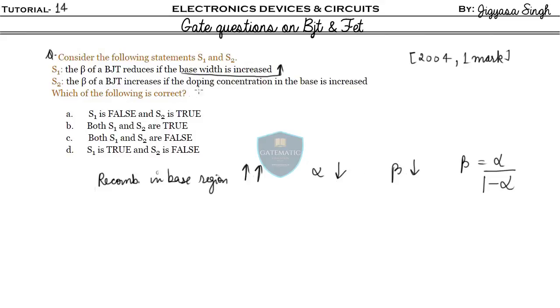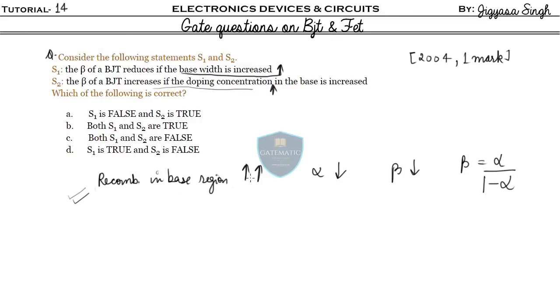Now, what is the second statement saying? That they are increasing the doping concentration. If I increase the doping concentration, what will happen? The recombination in the base region will increase again, of course, because it will have a high number of holes. So a high number of holes will recombine with the electrons coming from the emitter side.